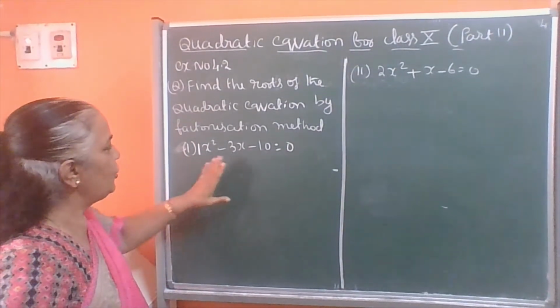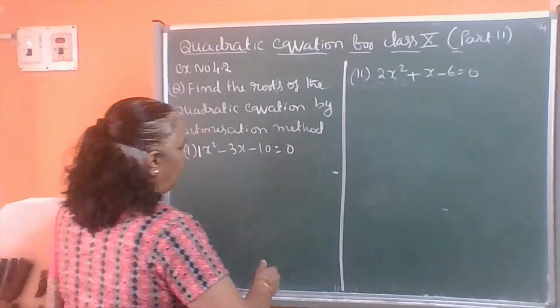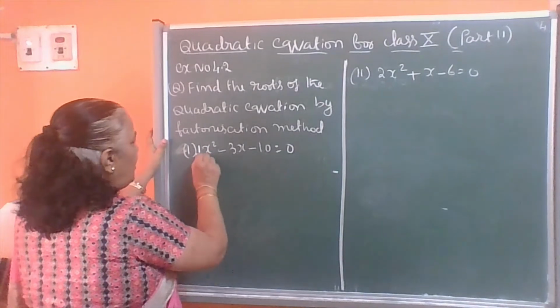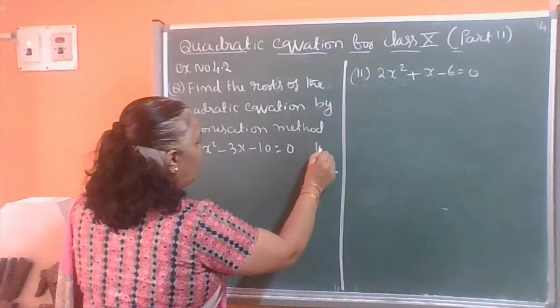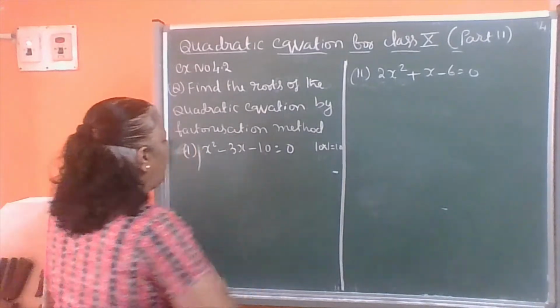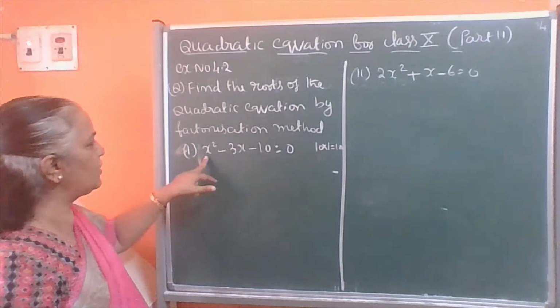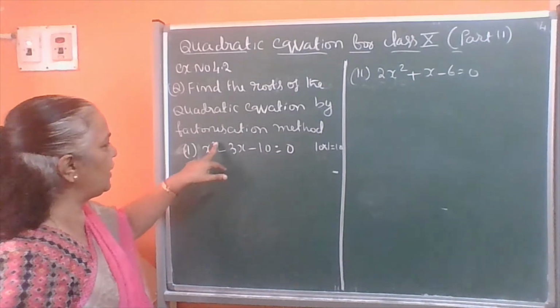Here you have to find the factors of 10. First you multiply 10 into 1. See, 10 into 1 is equal to 10. If there is no number, you have to think that there is 1. That is, the coefficient of x square is 1.